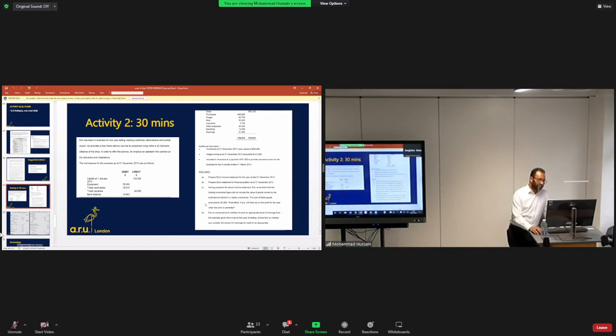The cost of these goods is around 3,600. What effect, if any, would there be on the profit for the year, and when this error is corrected, is there any concern? Just don't worry about questions C and D. Just prepare the income statement and the balance sheet, so A and B, if you can.